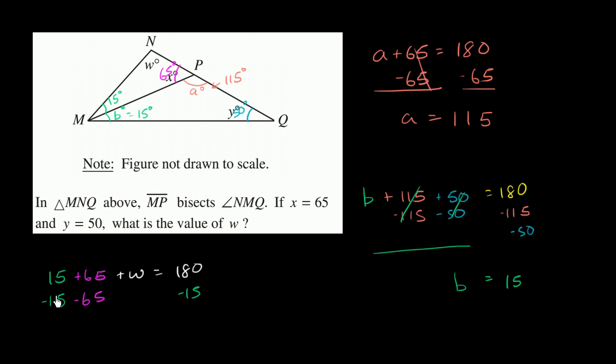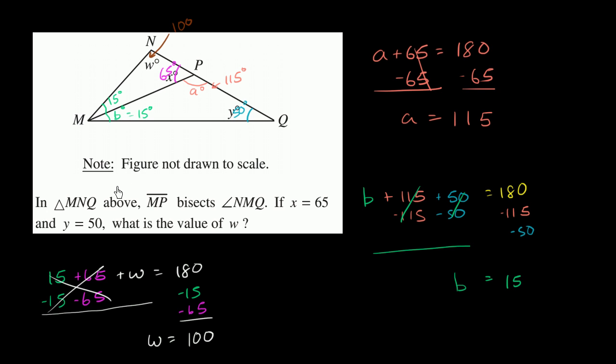And we are left with W is equal to, oh, I forgot to subtract 65 from both sides. So subtract 65 from both sides. And we get W is equal to 100. So W is 100, or that's a 100-degree angle.